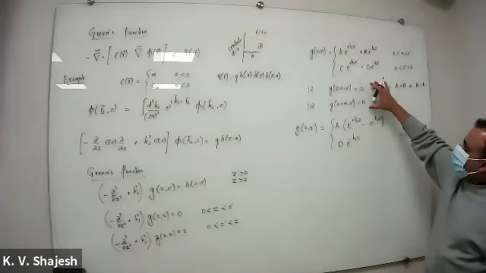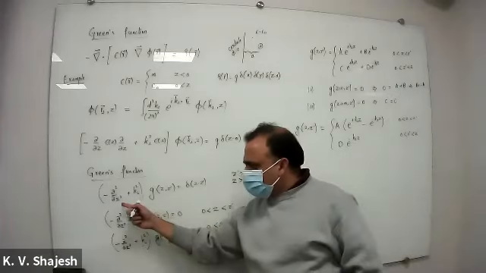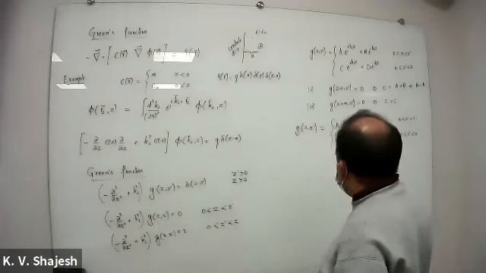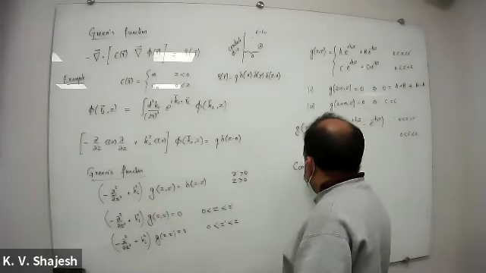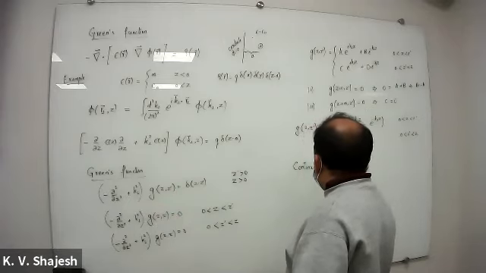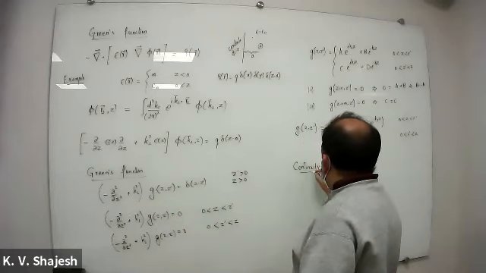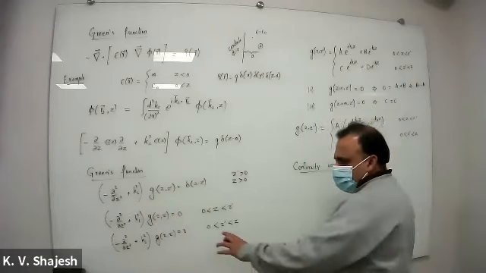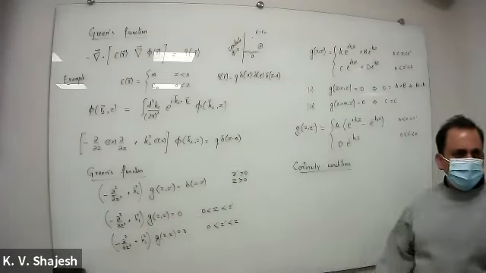We need 2 more conditions. So these were boundary conditions decided by the physics, but now the differential equation itself gives some boundary conditions. So these are called continuity conditions. Let's call this continuity. What we are saying is that on the left-hand side, Green's function has a solution. On the right-hand side, Green's function has a solution.